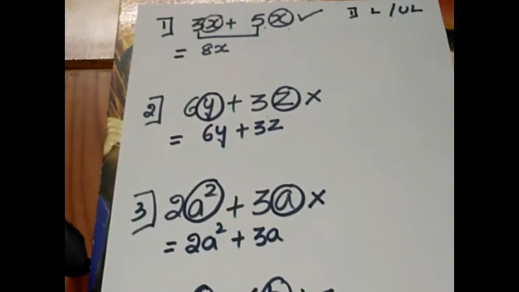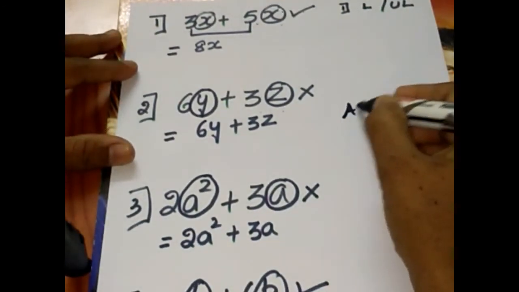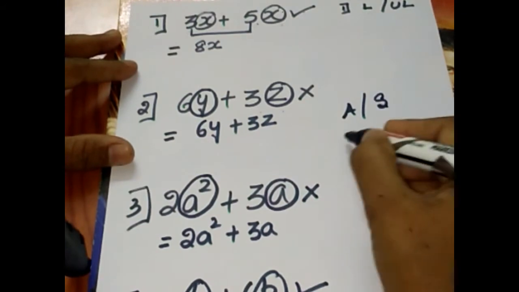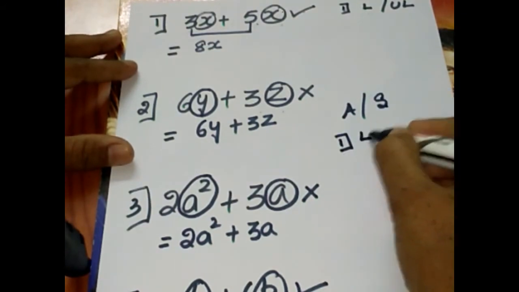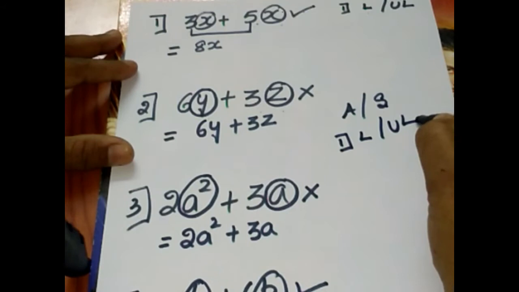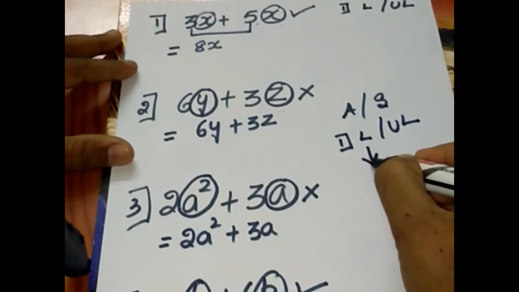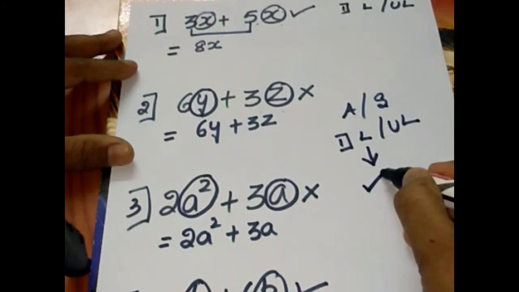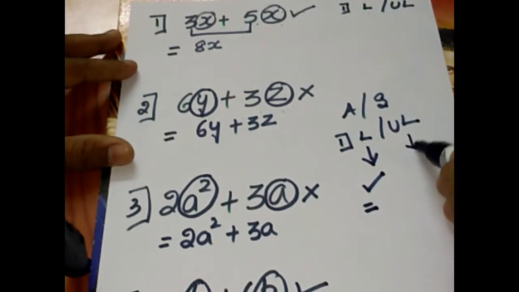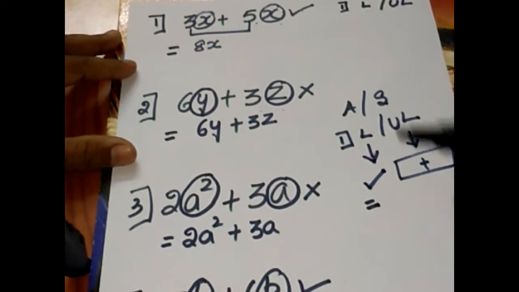So whenever you have a problem to do either addition or subtraction, identify whether they are like terms or unlike terms. If they are like terms, add the numerical coefficients and keep the solution. If they are unlike terms, write the expression as it is along with plus or minus sign as per the given question. So whenever you have to do the addition or subtraction, remember these three steps.